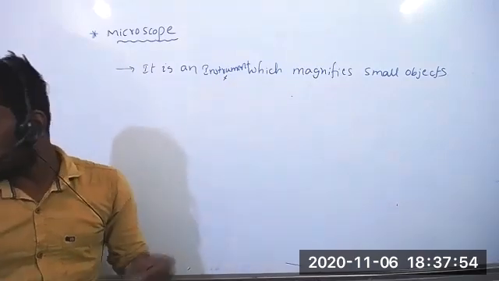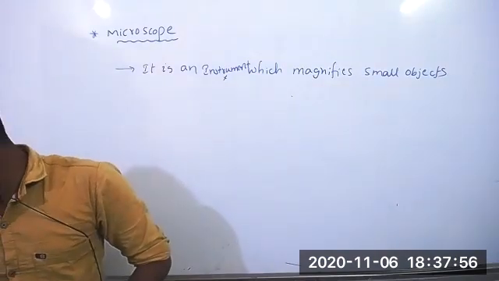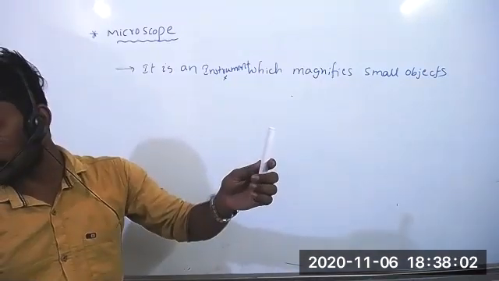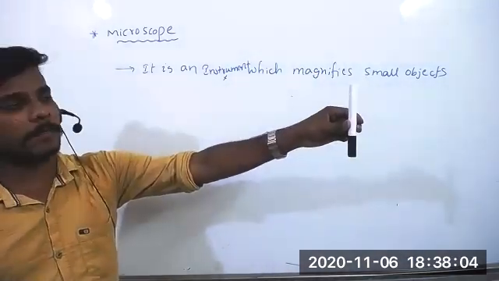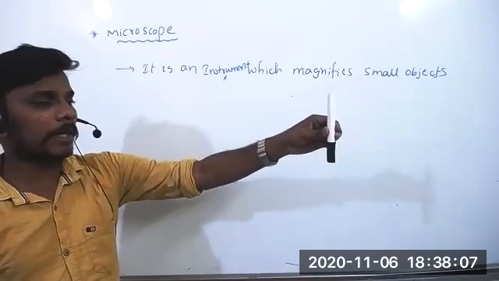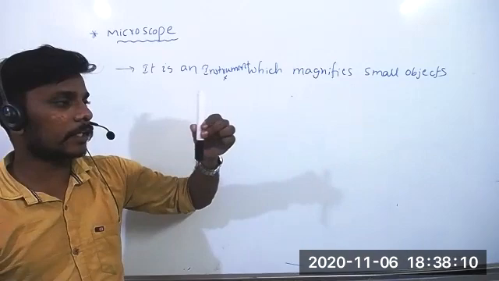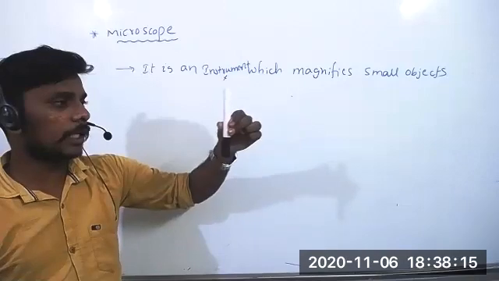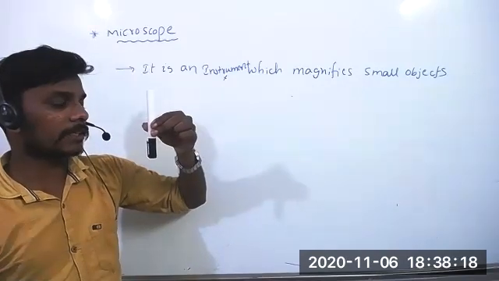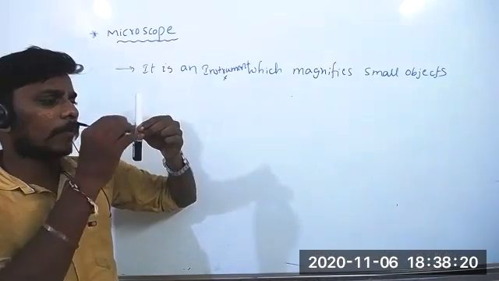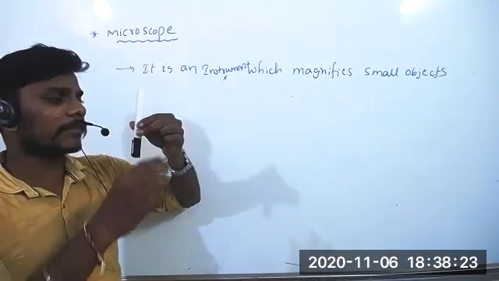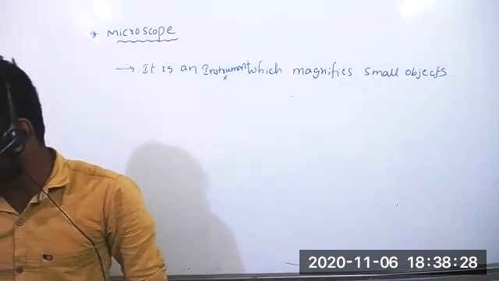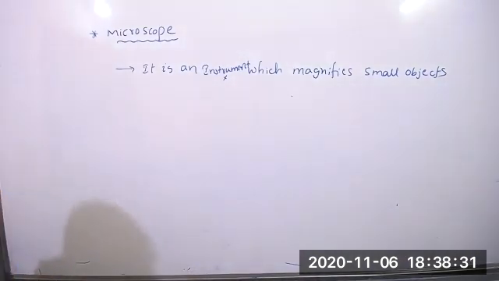Suppose if you see any letters on this marker, if you place it at a certain distance, you will see them very small. But when you are bringing it from far to near your eyes, up to a certain level, that size will increase. At one point, it looks very big. If you cross that point, the letters will become blurred.